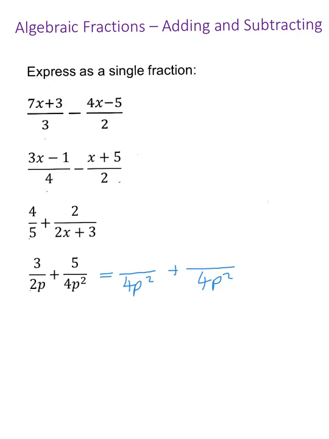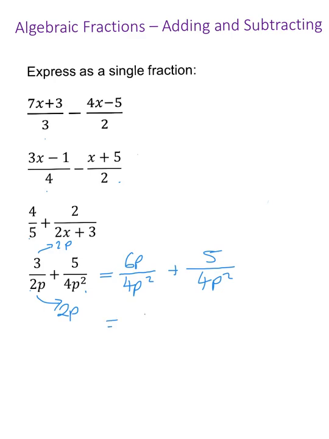To go from 2p to 4p squared, I've multiplied by 2 and another p. So I've got to do the same to the numerator, so I've got to multiply by 2p. So that will give me 6p in the numerator. And you can try it out, it would all work out. And this denominator remains unchanged, so we'll stick with the 5 up there.